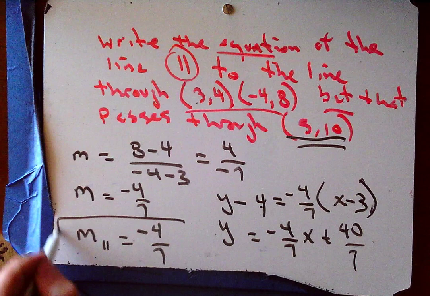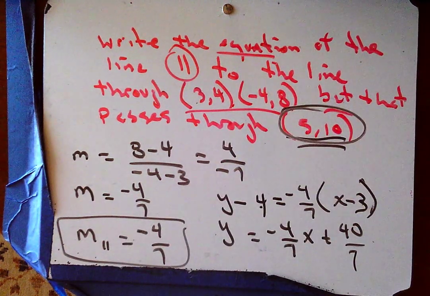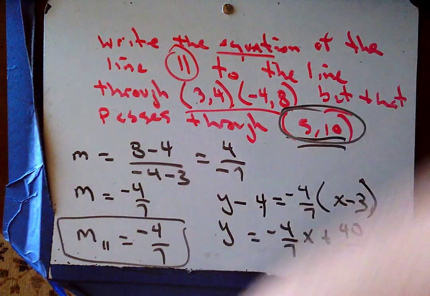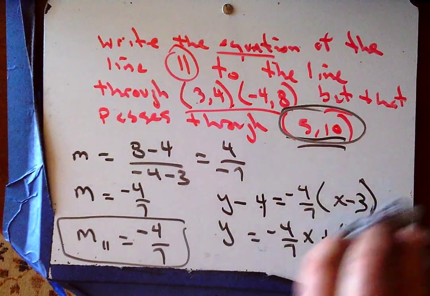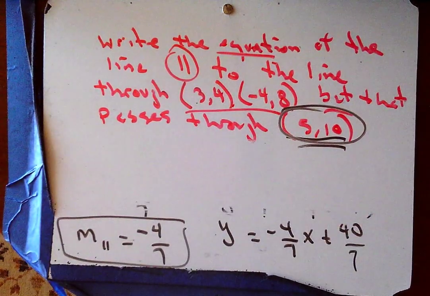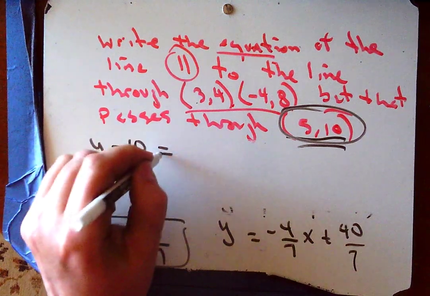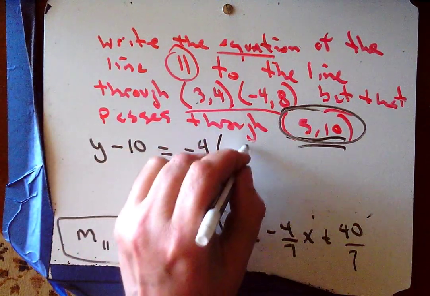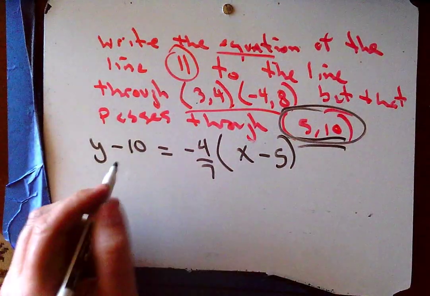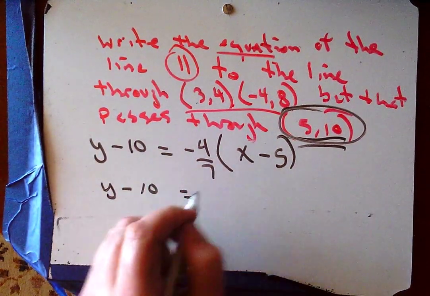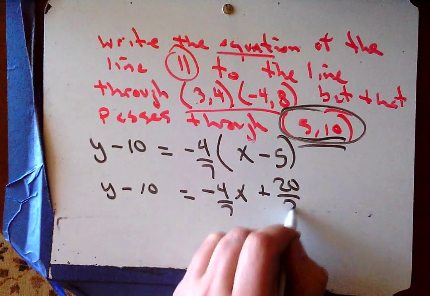So I'm going to use this slope and this ordered pair to write the equation of the line parallel to this one, but that passes through this point. So let's see what that looks like. I've got a slope, I've got an ordered pair: y minus 10 equals negative 4/7 (x minus 5). Okay, so y minus 10 equals negative 4/7 x plus 20/7.